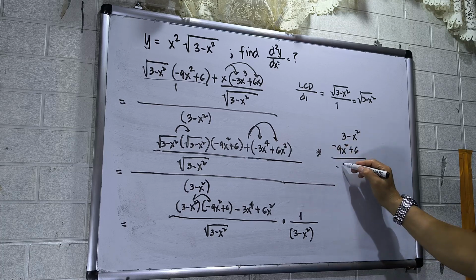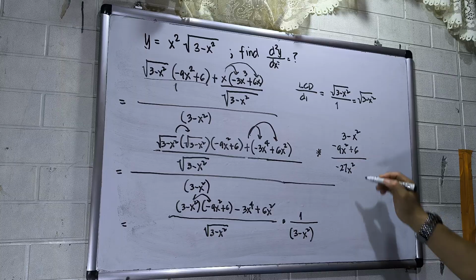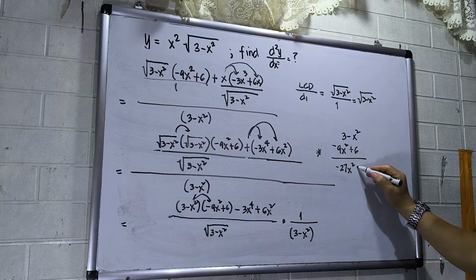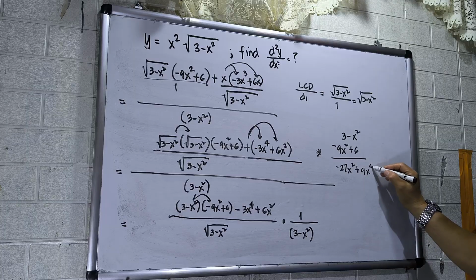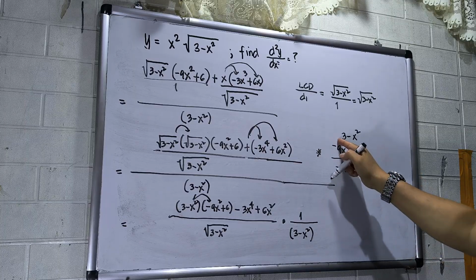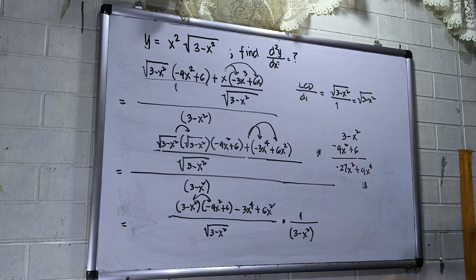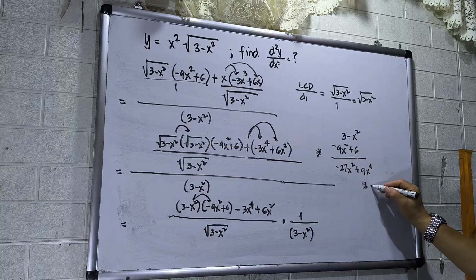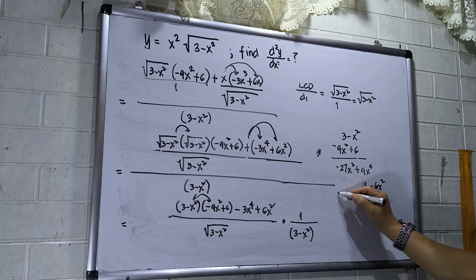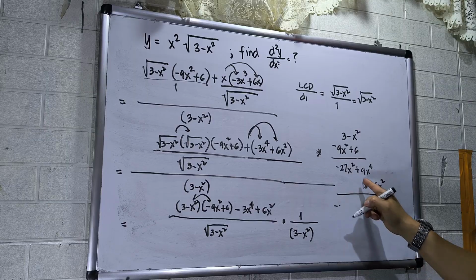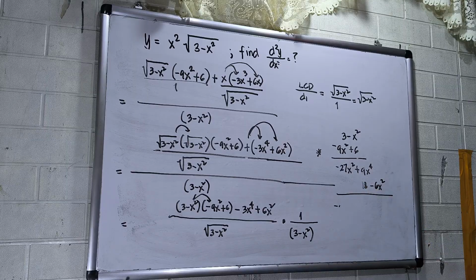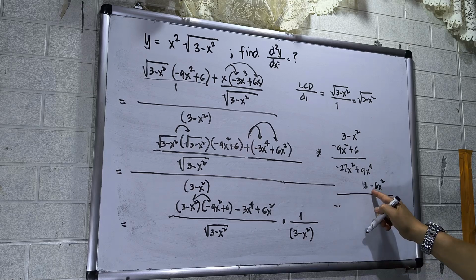So negative 27x squared, positive 9x to the fourth. This one 18. Then negative 6x squared. Okay, bring down this one, 27 and 6.